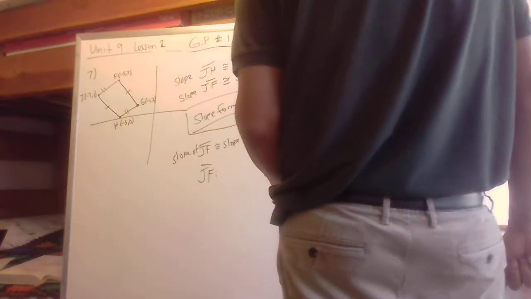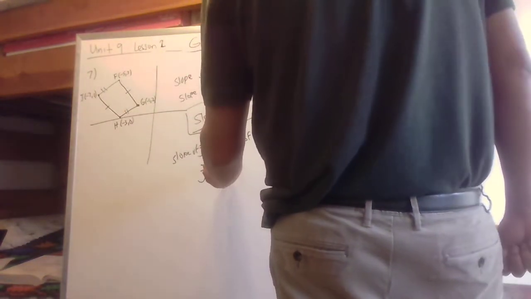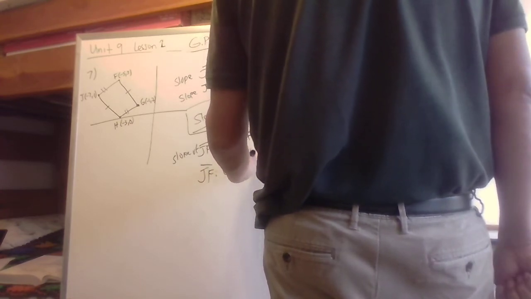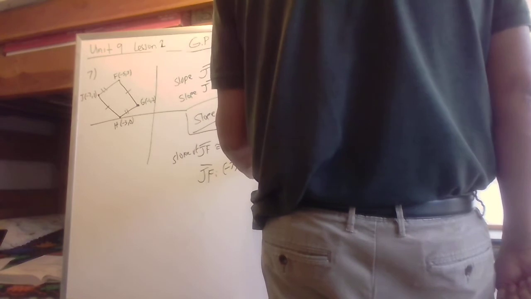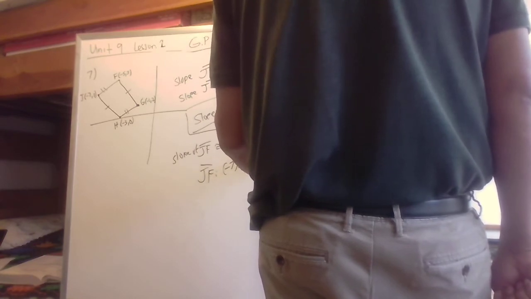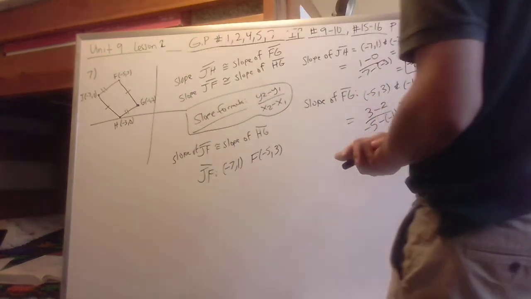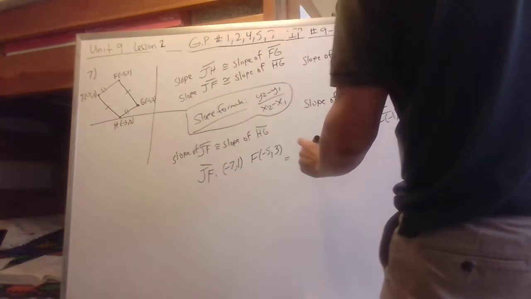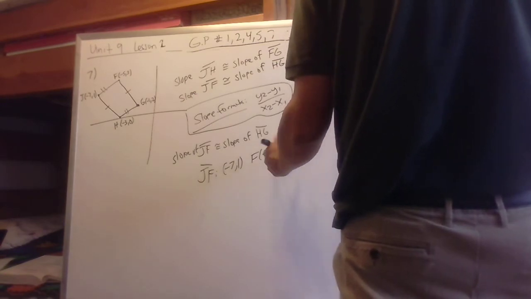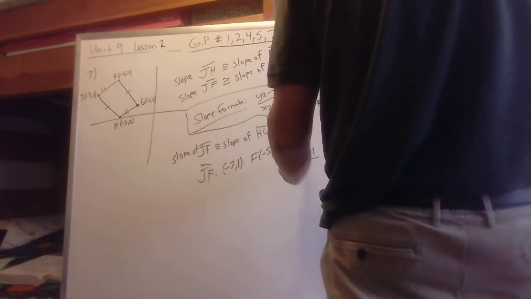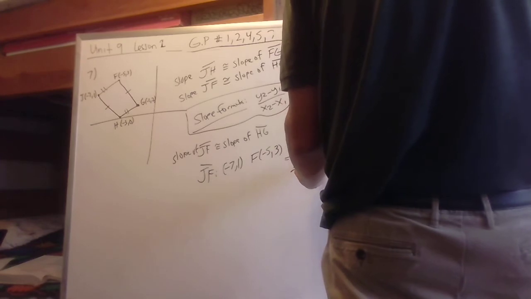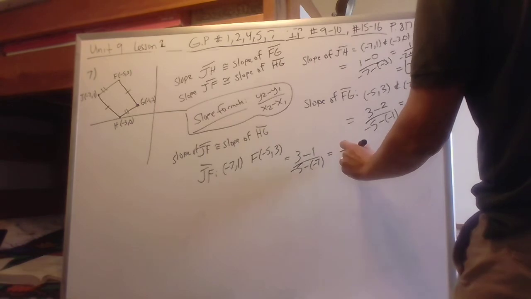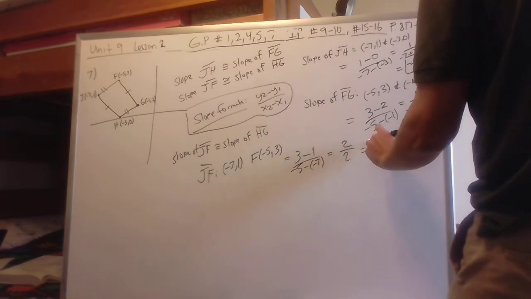We have a coordinate at negative 7, 1 for J, and for F, we have negative 5, 3. We're going to plug that into the slope formula. We have 3 minus 1 over negative 5 minus negative 7. That's going to be 2 over, negative 5 plus 7 is 2, so that's going to give us 1.